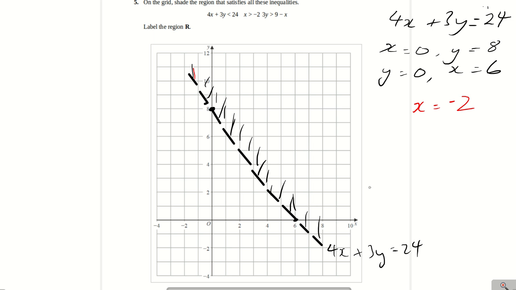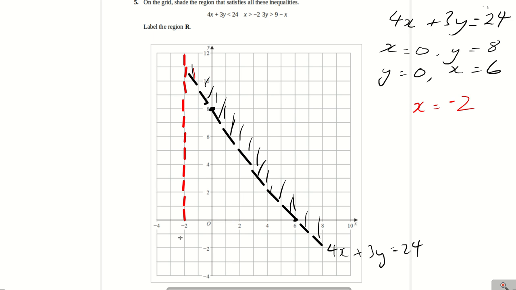So the line x is minus 2 is a straight line coming up from x is minus 2 on the x-axis here. So we go up, and it's going to be along this line, and all the points on this line have got an x value of minus 2.